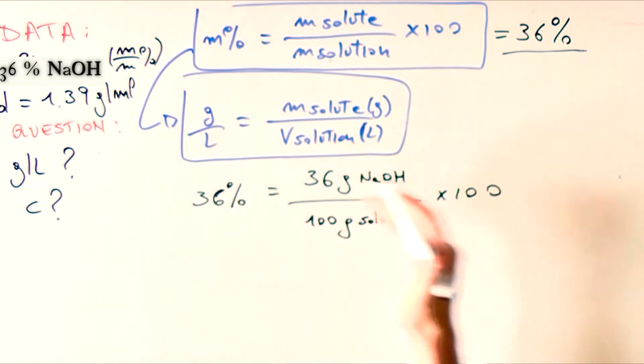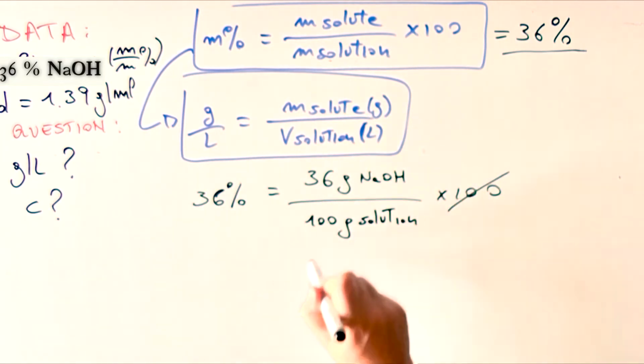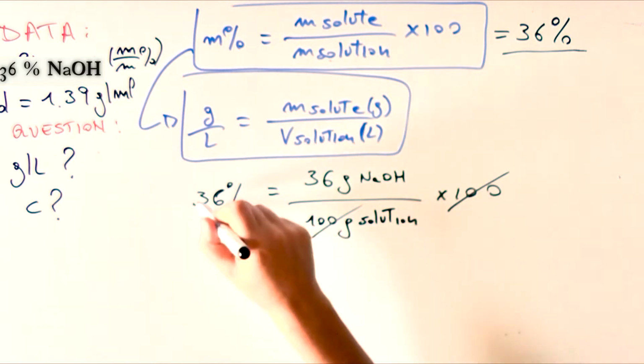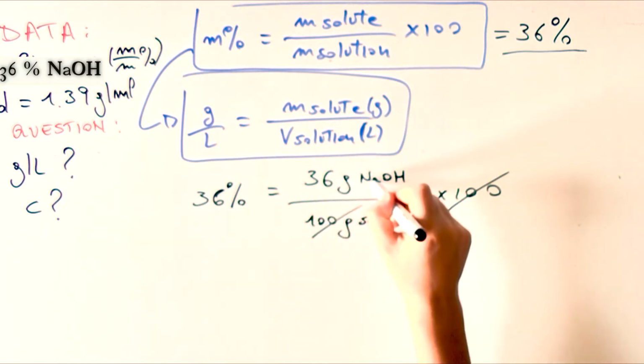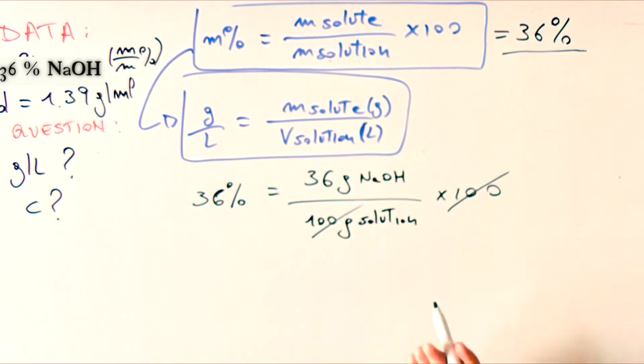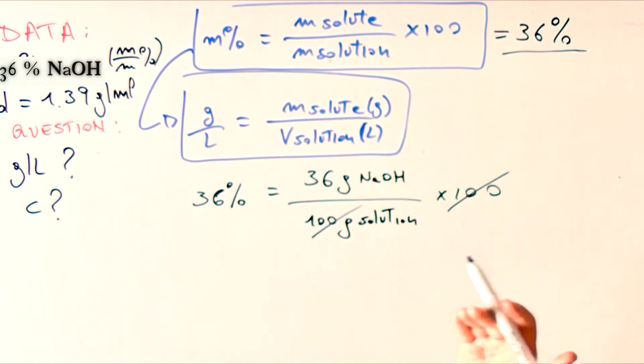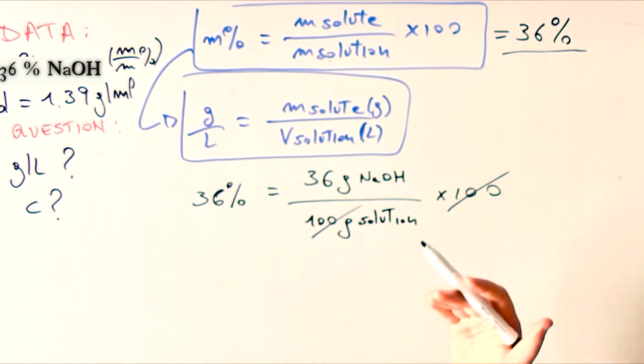Why is this equation true? Because if you simplify this, you will have 36 equals 36. Oh, this math, so this is true. So I can pretend I have 36 grams.